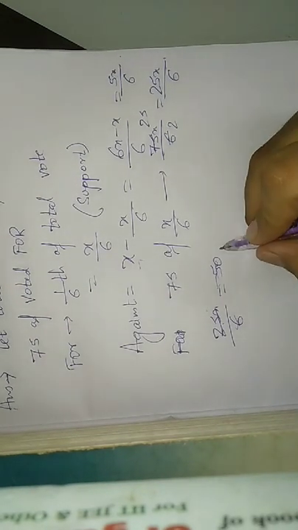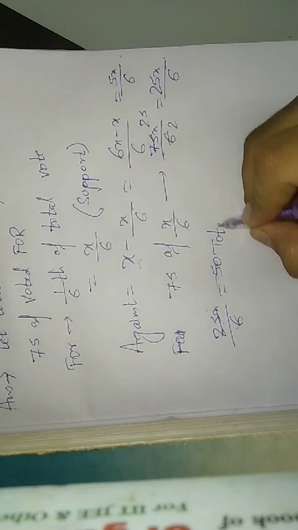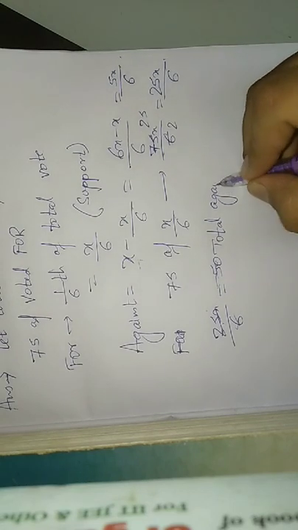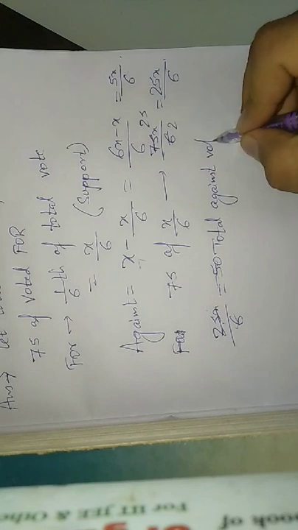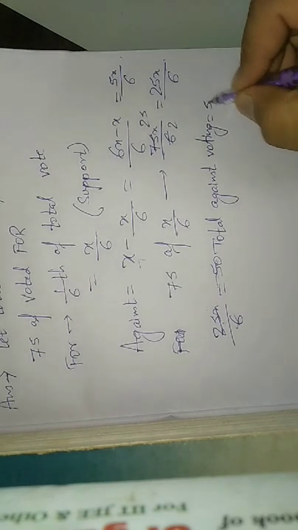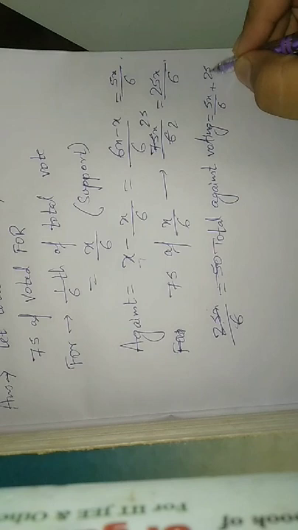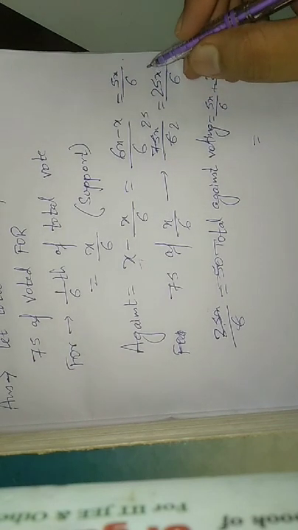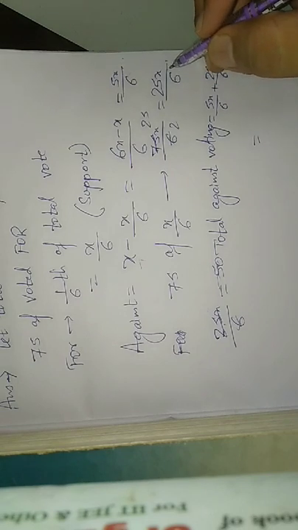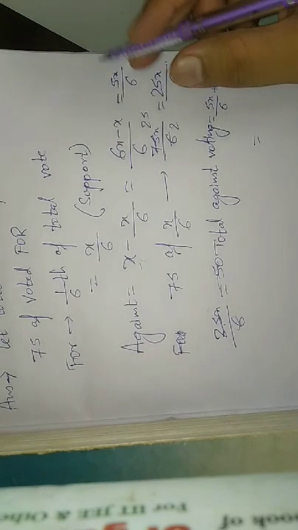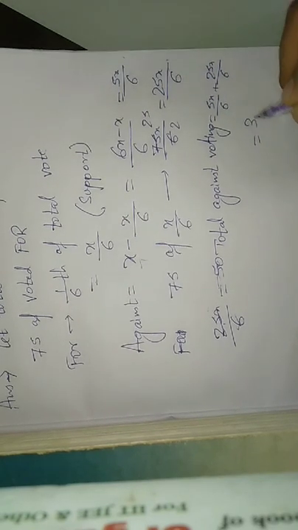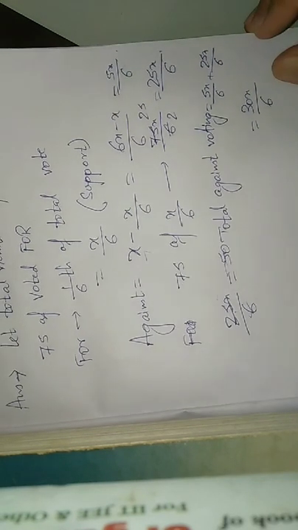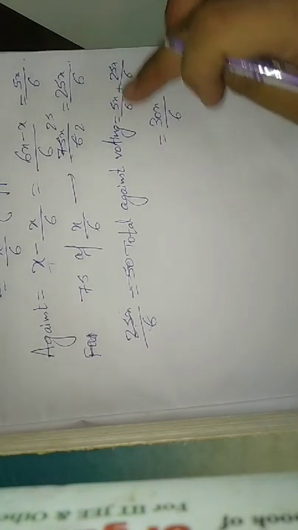So what is the total against vote? Total against voting was 5x by 6 plus 25x by 6. Am I correct? Both of them, because these were the people who will turn out, means who will be against, and they are already against. So this is 30x by 6. They are saying that if this was the voting which is done, they would have lost by 50 votes.